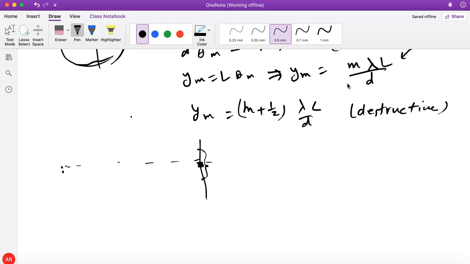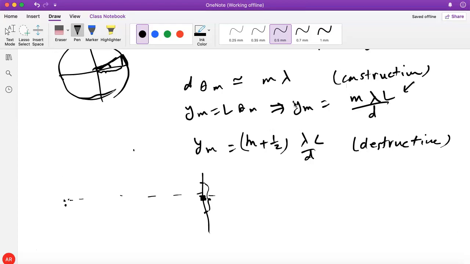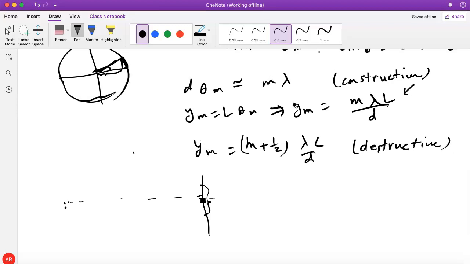And so if you're not going too far away, you're in that central region, we can make use of this simpler approximation, and it gives us a very clear idea about where the fringes are, how they depend on various length scales. So in particular, if you increase lambda, if you increase the wavelength, you increase the distances between the fringes. If you increase d, you bring them closer, you decrease y. And if you increase L, again, you increase y.